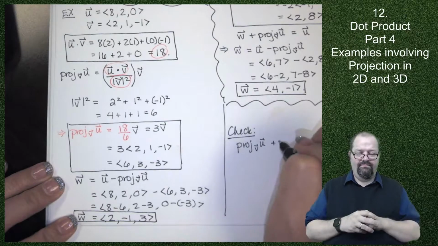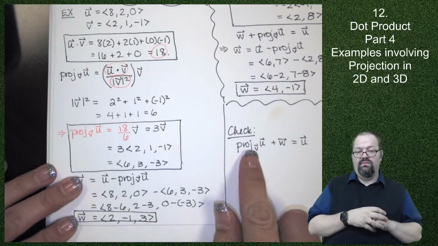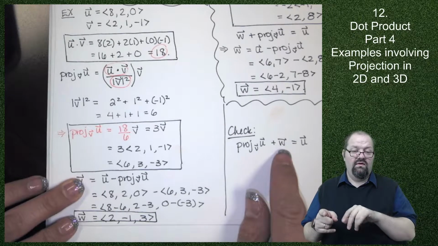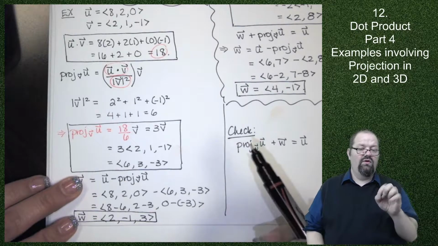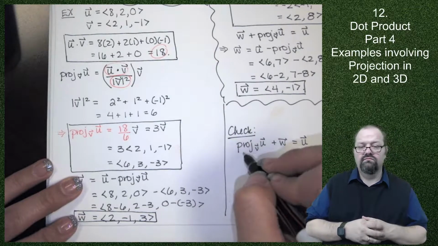Now, just to check our work, let's make sure that the projection and W add to give us the vector U. This is the part of U that's parallel to V, and that's the component of U that is orthogonal to V. So it's parallel and orthogonal, or parallel and perpendicular if you prefer.